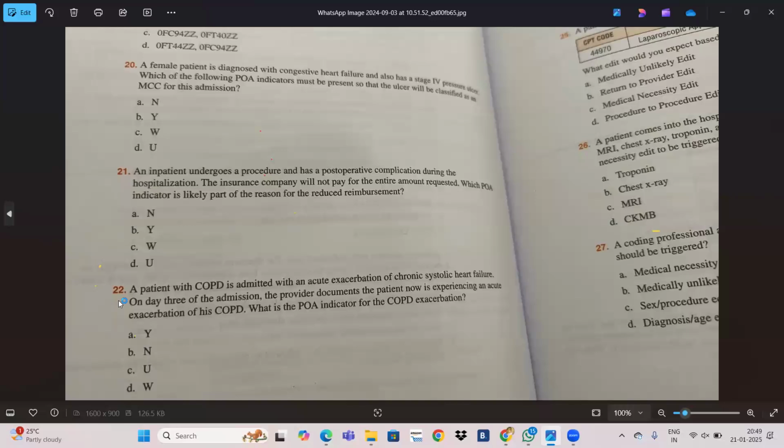On day 3 of the admission, the provider documents the patient is now experiencing an acute exacerbation of his COPD. What is the POA status now? N. Clear? So here that exacerbation was related to systolic heart failure, guys.